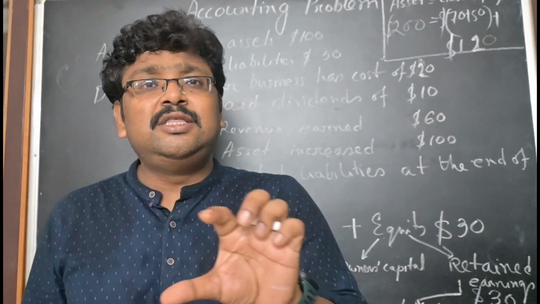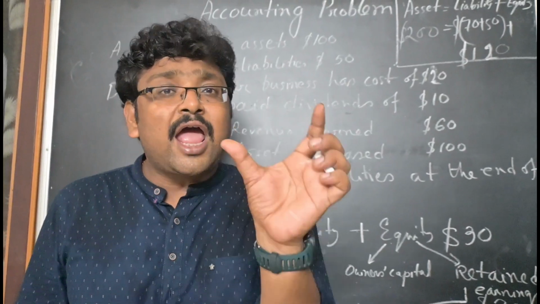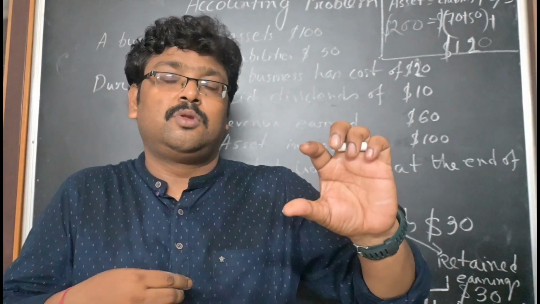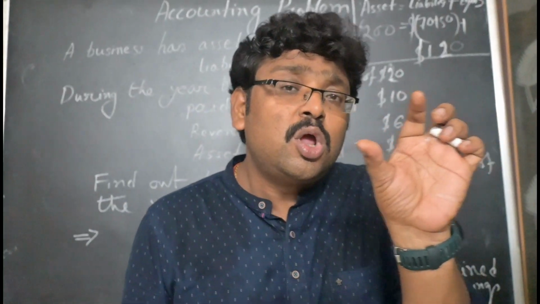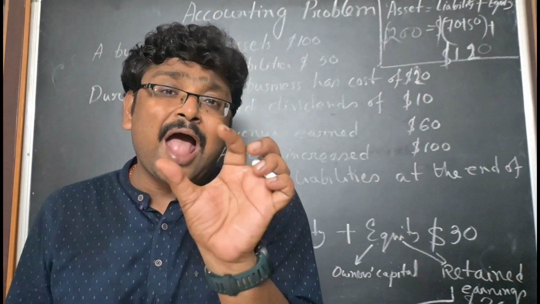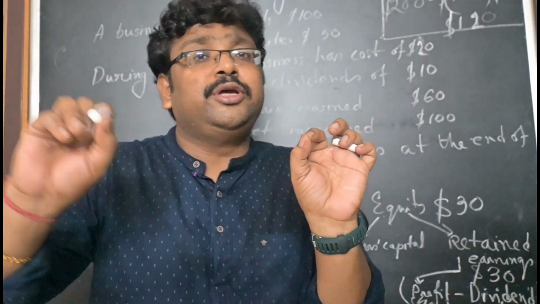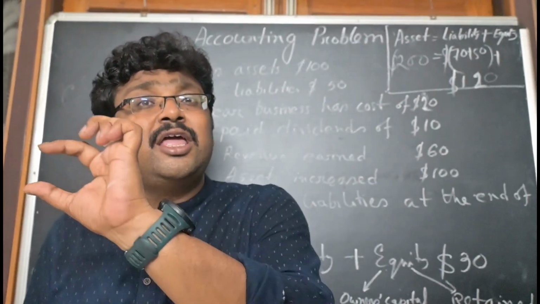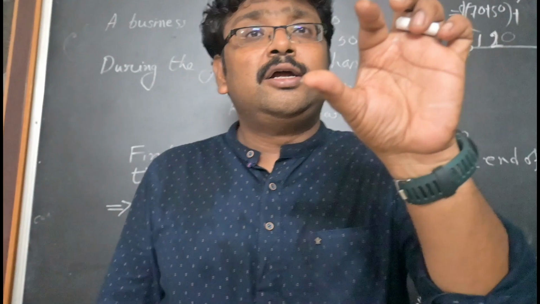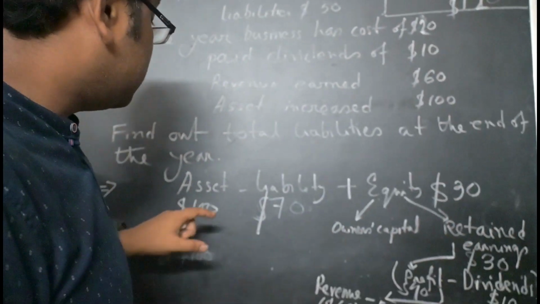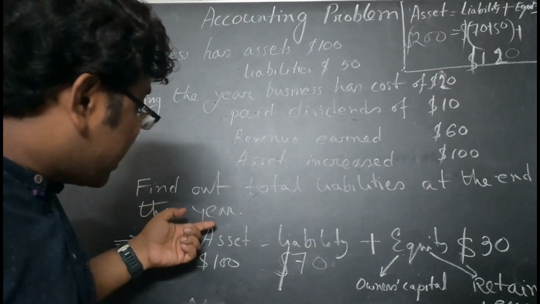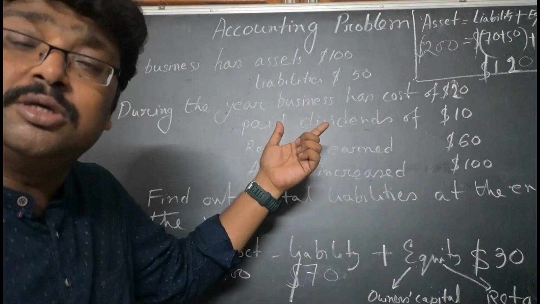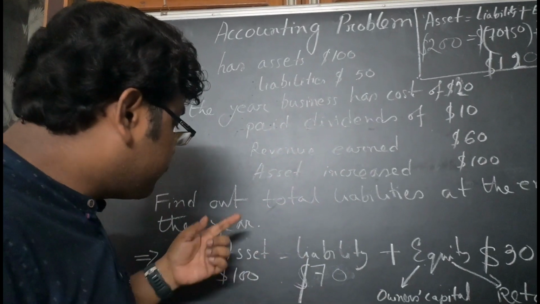On that basis, during the period we have another accounting equation of asset, liability and equity. Here the liability is 70, as the asset has increased $100 as given in the problem.